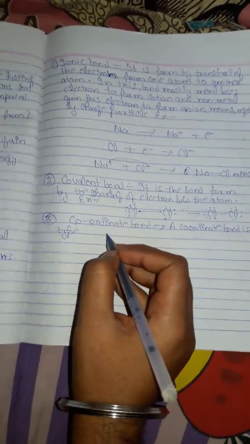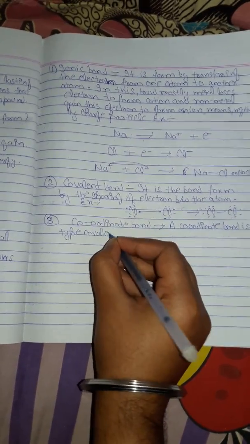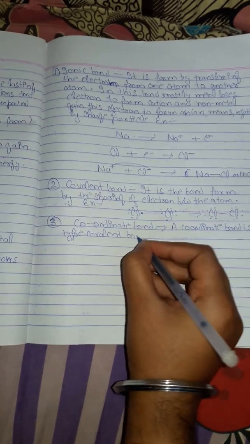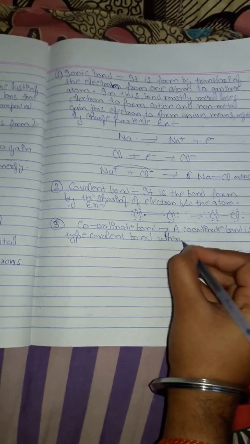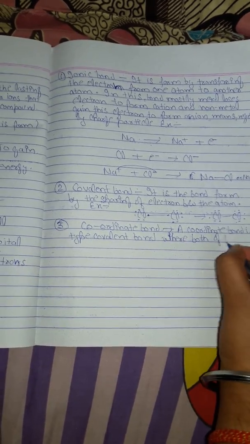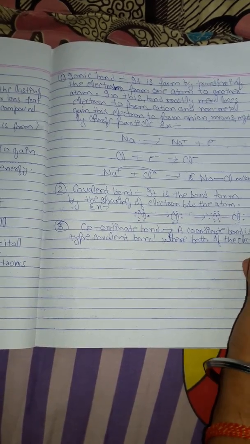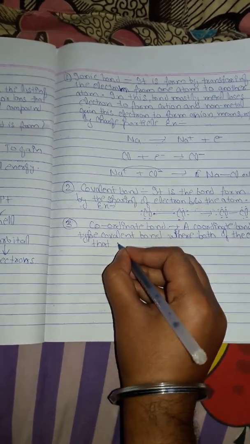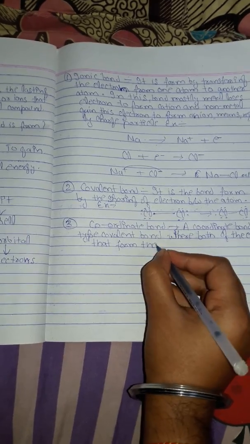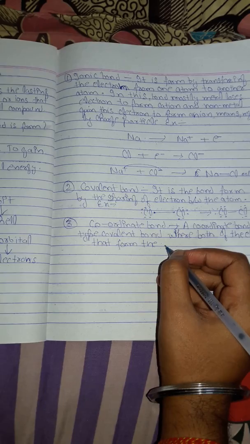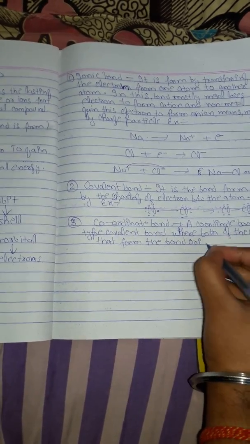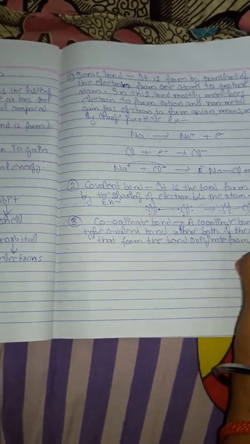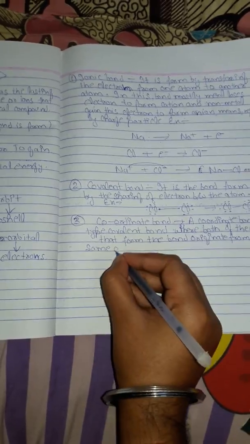Coordinate bond. A coordinate bond is a type of covalent bond where both of the electrons that form the bond originated from the same atom.